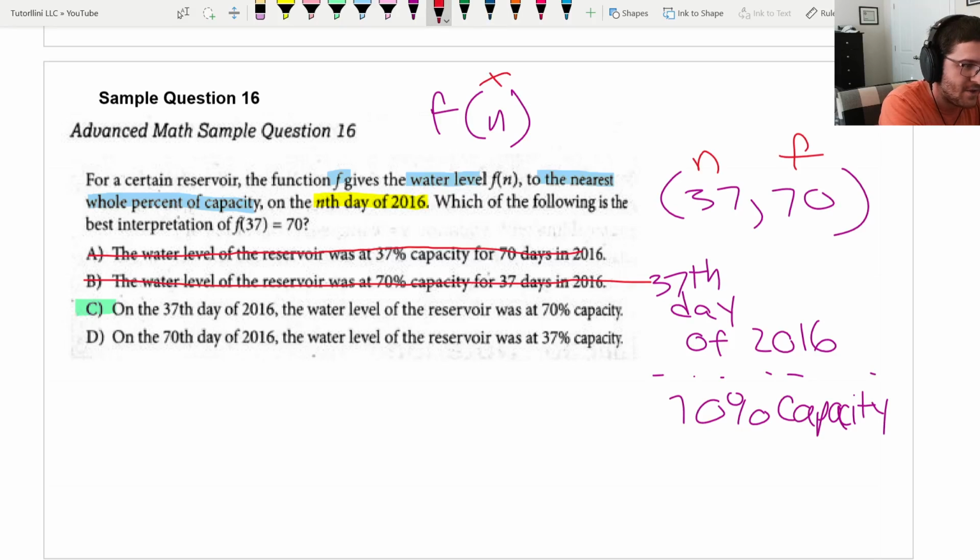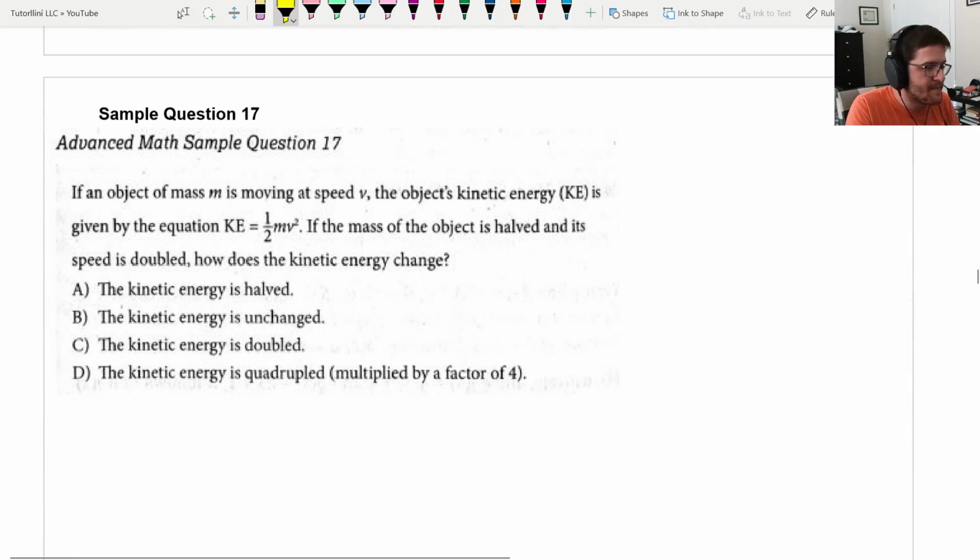This guy is your x and this guy is your y, so label them accordingly. So x goes here and y goes here. That's why we put n and then f. Lots of people might have thought the first thing was f and the second guy was n, but that's not true. Okay, great.